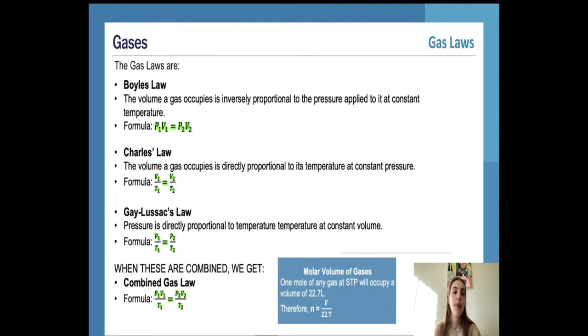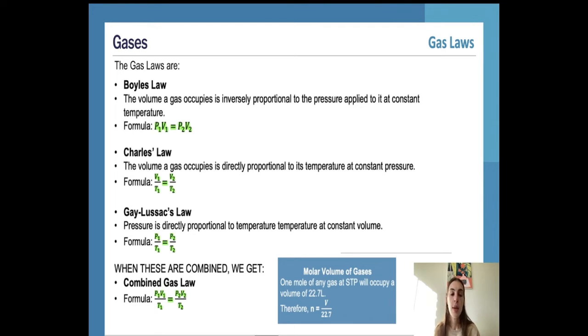Or if we knew a finishing volume, a finishing temperature, and a starting temperature, we could determine the initial volume using Charles's law. Or for example, considering Gay-Lussac's law, if we knew a starting temperature, a finishing pressure, and a finishing temperature, we could determine the initial pressure.